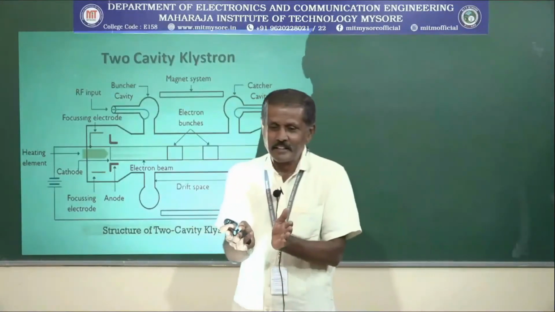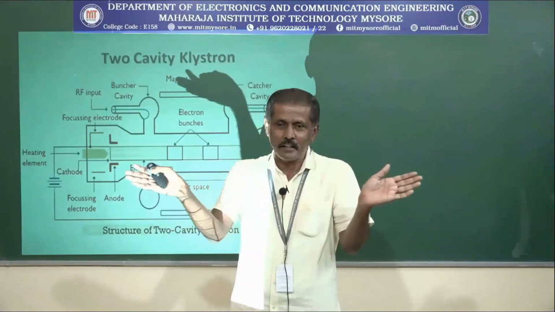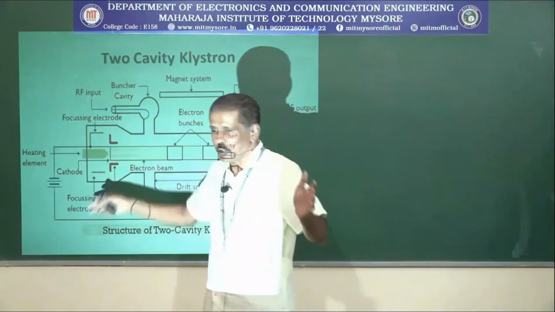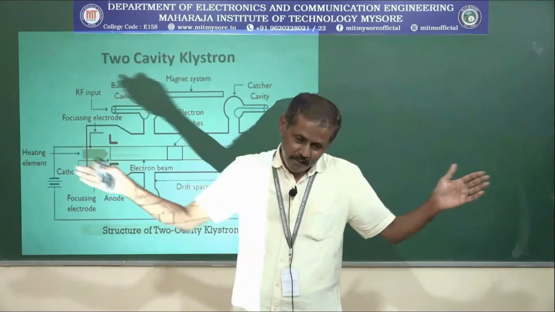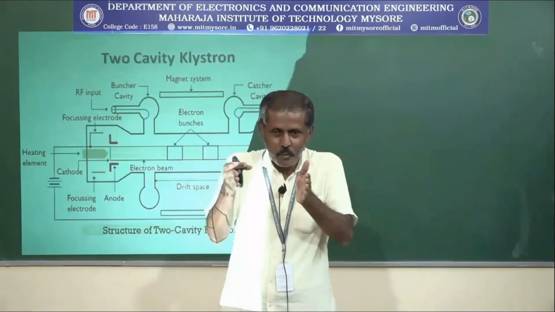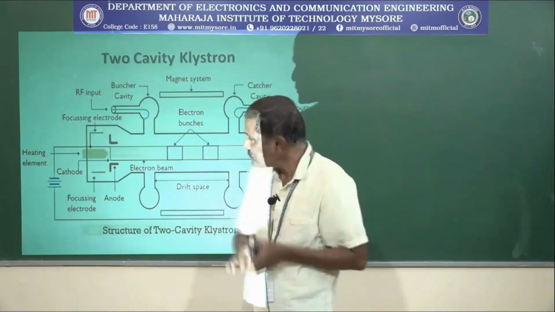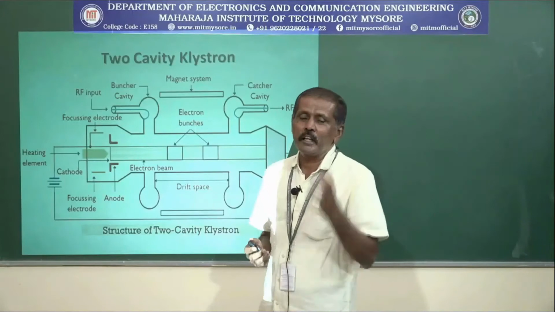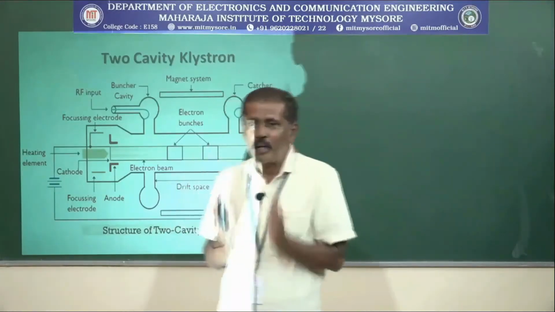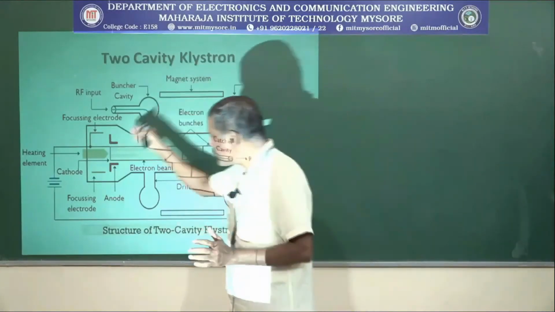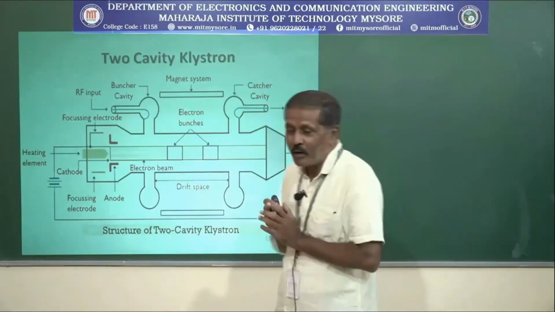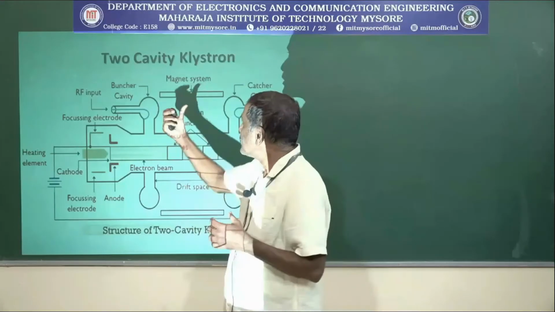So even though some electrons deviate from the path, because of the negative polarity of the focusing electrodes they are reflected, so that the electrons are focused to a particular point. Once again, these focusing electrodes are used to focus all the electrons emitted from the cathode to a particular point.